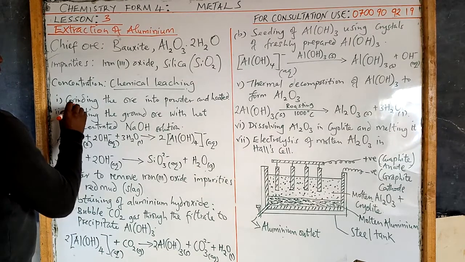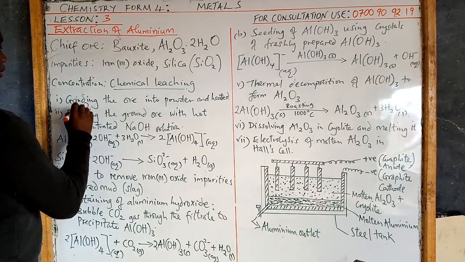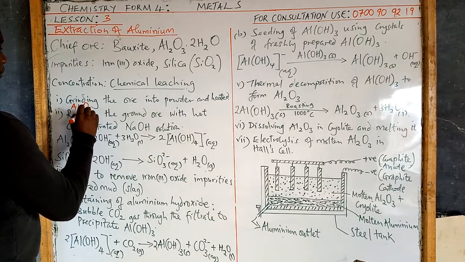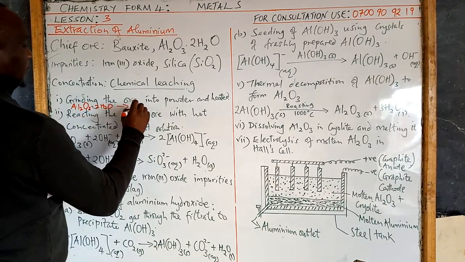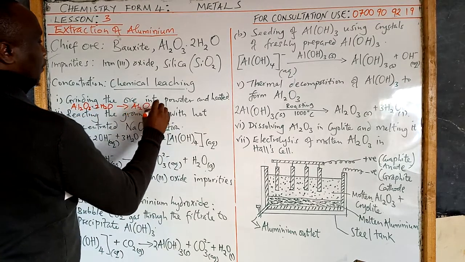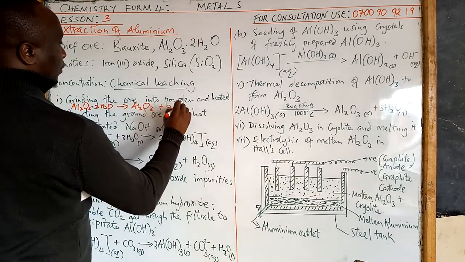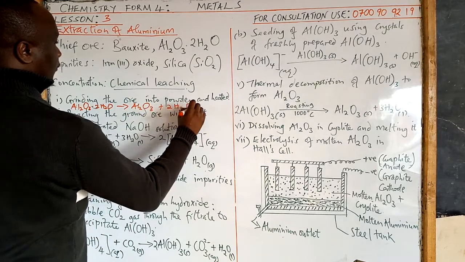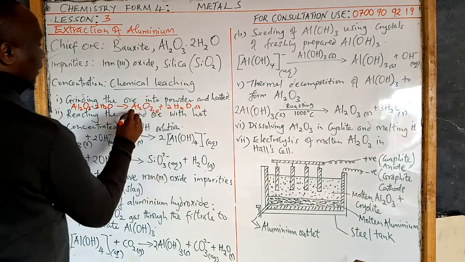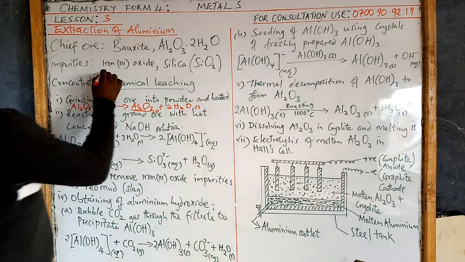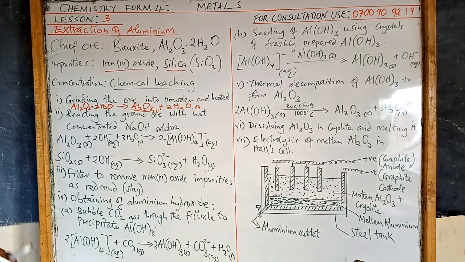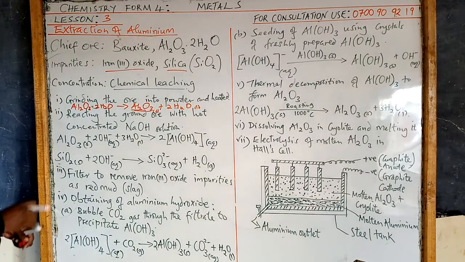So you will have the bauxite with 2 waters of crystallization forming aluminium oxide and the 2 moles of water there. However, this is not pure aluminium oxide. It still contains these impurities. So there is need now to remove these impurities, the further purification.